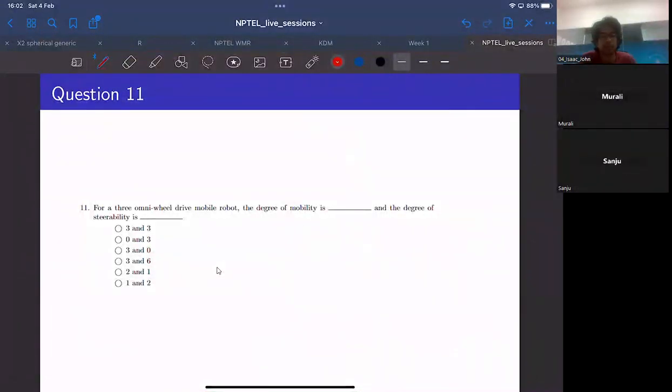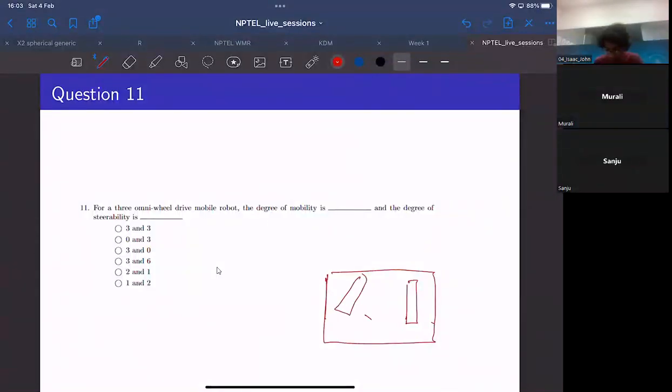Okay. Again, a similar question in the case of an omni-wheel drive mobile robot. I'll draw the configuration. The omni-wheel robot has 3 wheels, and each of these wheels has perpendicularly aligned passive rollers. Each of these wheels will again have its own independent motor.